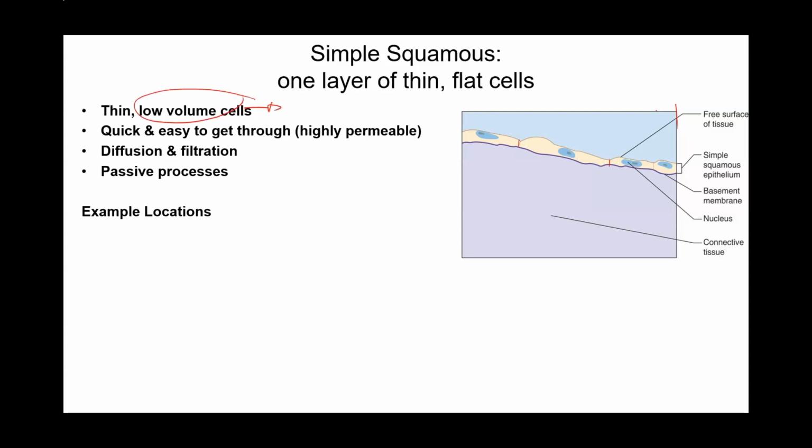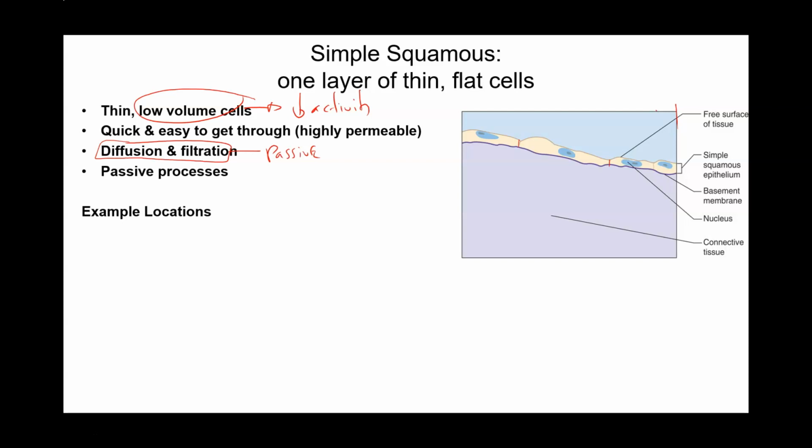Low volume means that it's low activity. And so it is used in places in the body where substances need to move from one space to another very quickly, through the process of diffusion or filtration. Because remember, diffusion and filtration are passive, and they require no cellular energy.